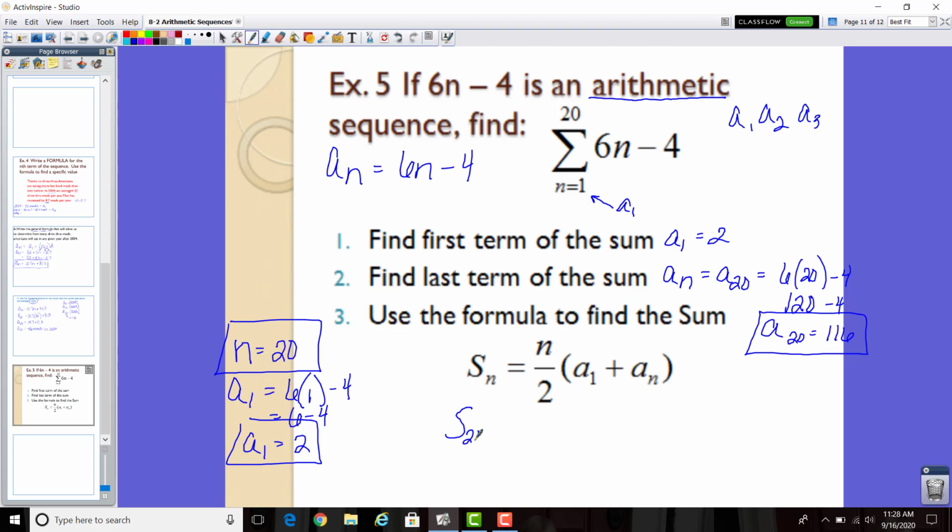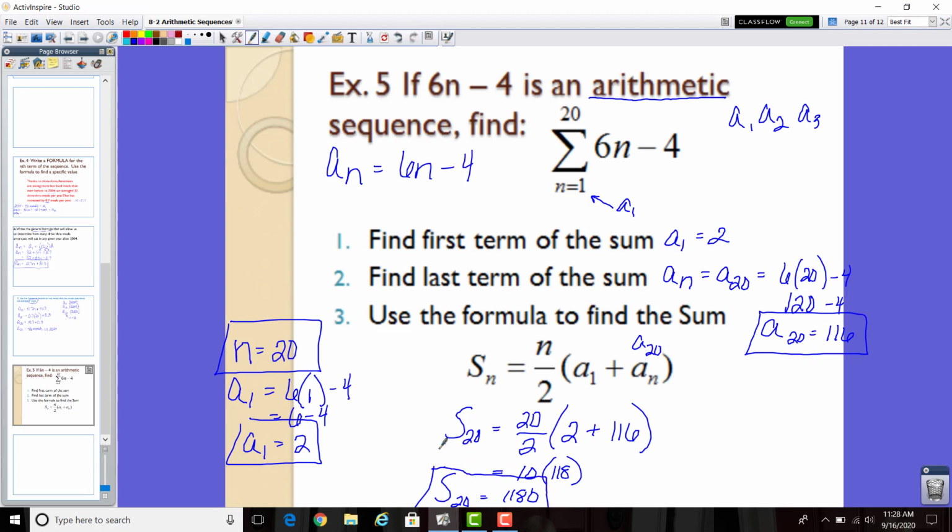So the sum of the 20 terms of the sequence 6n minus 4 will be 20 divided by 2 times the sum of my first term, which I calculated to have a value of 2, and a sub 20, which I calculated to be 116. 20 divided by 2 is 10, times 2 plus 116 is 118, means the sum of the first 20 terms has a value of 1,180.